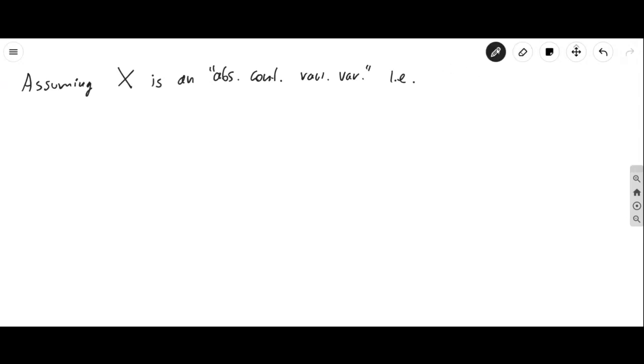Maybe what I can just say is that the distribution function, maybe I'll write it using this notation. In other words, if you look at the distribution function, it's differentiable with respect to the Lebesgue measure, that this exists. And f is the probability density function of x.